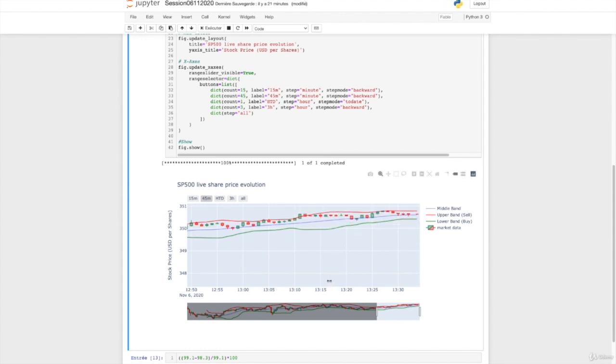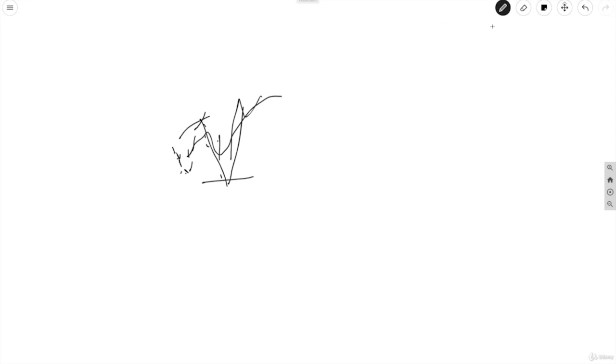Essentially, the Bollinger Band is just a tool. It's not 100% accurate, but it's a trading strategy which is gonna provide you insights and a prediction of whether the share price is gonna go up or down. And obviously, the Bollinger Band doesn't predict the residuals.